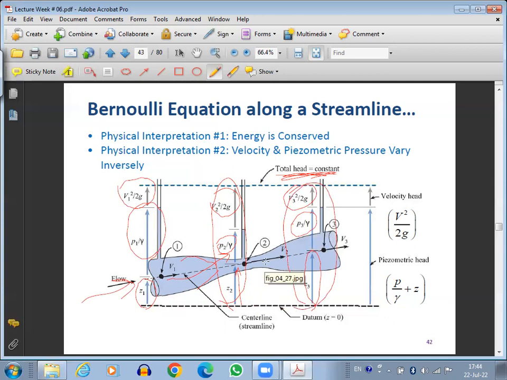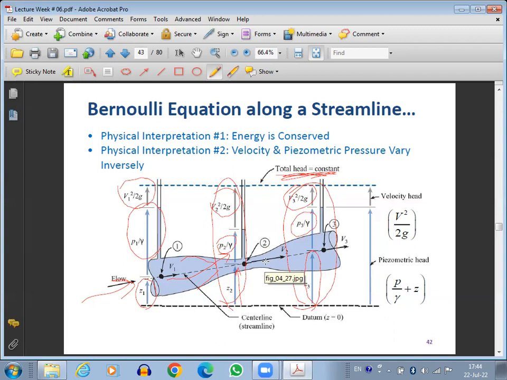This is what Bernoulli's equation says: the combination of the three heads is the same if the flow is steady, incompressible, along the streamline, and inviscid. If one head changes, the other heads will change to compensate so that the summation remains the same.